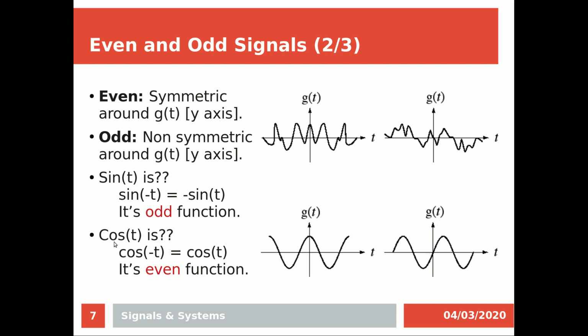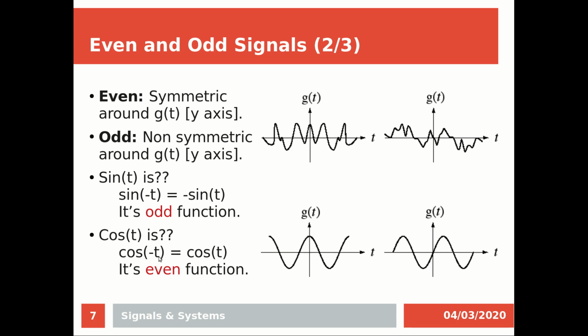However, cosine is like this. This is the function of the cosine signal. Cosine 0 is 1. Cosine 90 is 0. So if you make it in the calculator, you will see this is the function of cosine. The function of cosine is repeatable, and it is symmetric around the vertical axis.